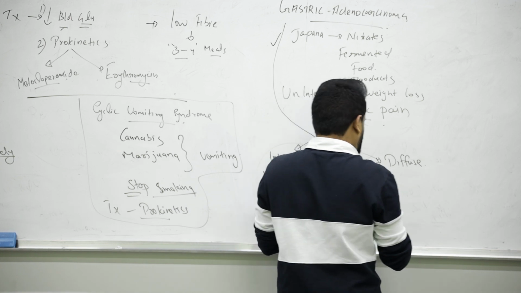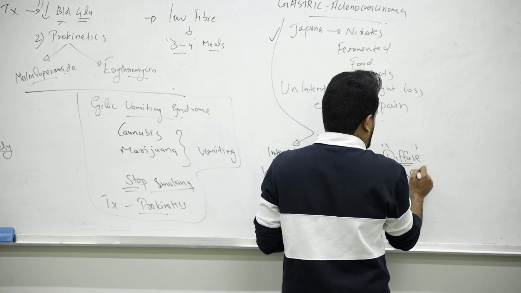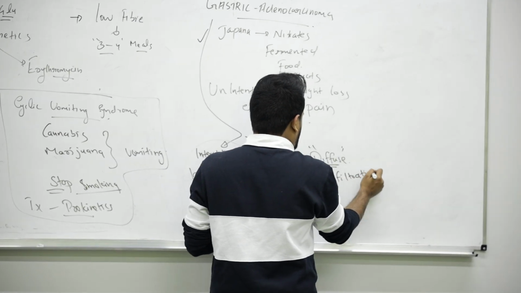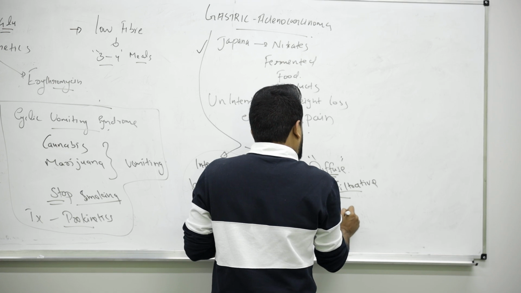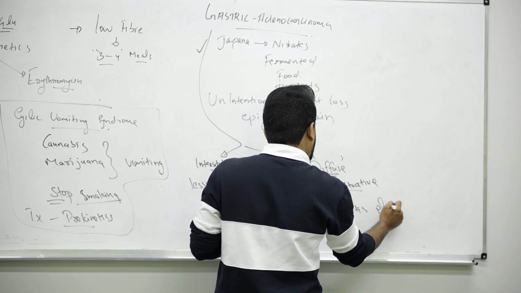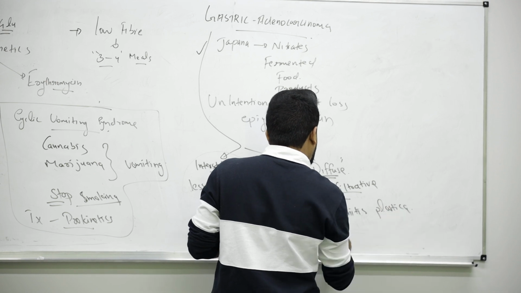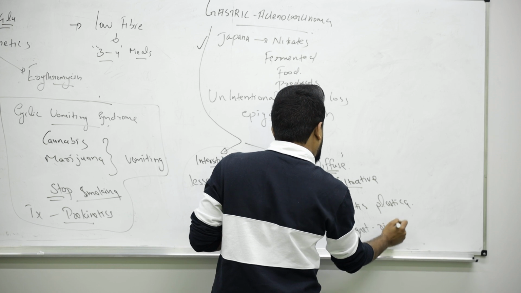Diffuse means it's a type of infiltrative, leather bottle appearance, linitis plastica, and you will see signet ring cells on biopsy. Signet ring cells.